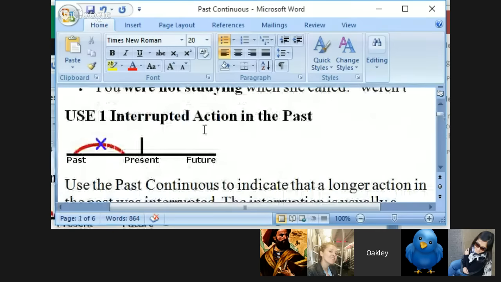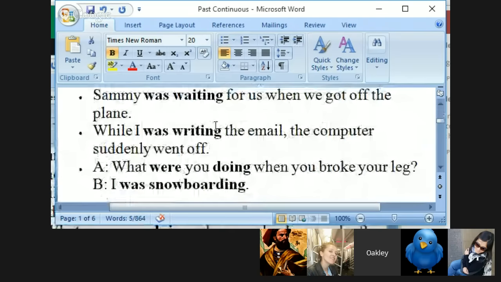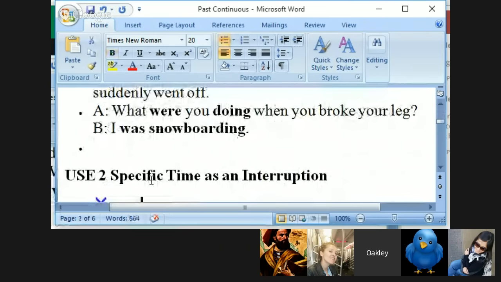I don't care if you create a positive sentence, negative sentence, or question, whatever you want to do, to show an interrupted action in the past. Go ahead. But do I need to write it or just say it out loud? You can just say it. Nader doesn't have a microphone, or he can't use his microphone.